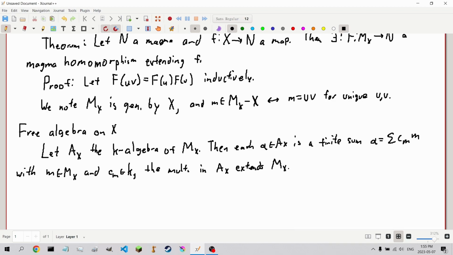I believe. I'm not 100% sure on that, but in this case we say that AX is the free algebra on X.